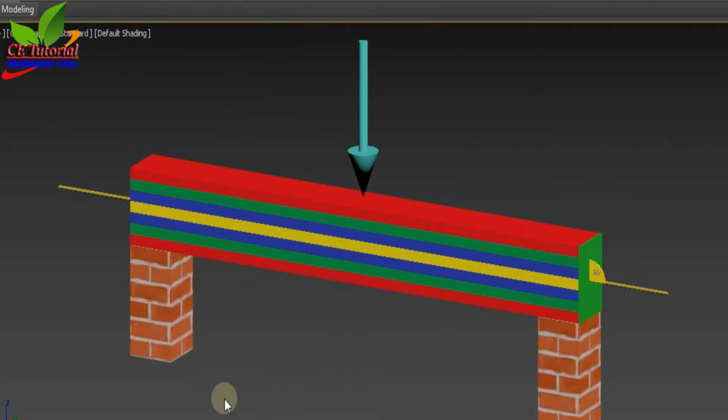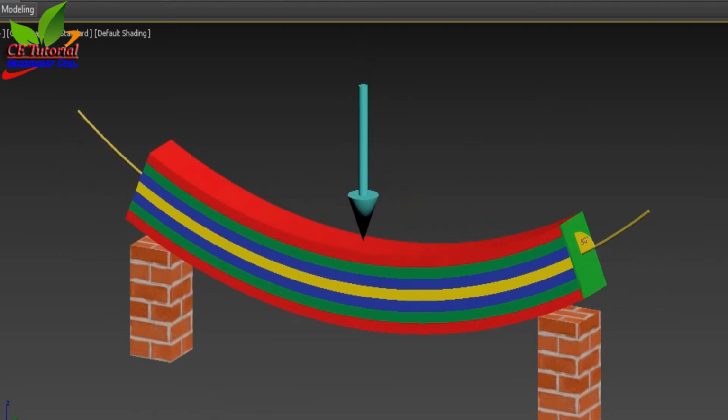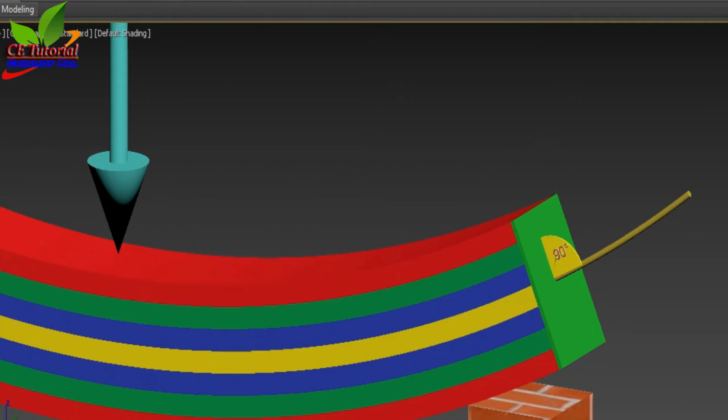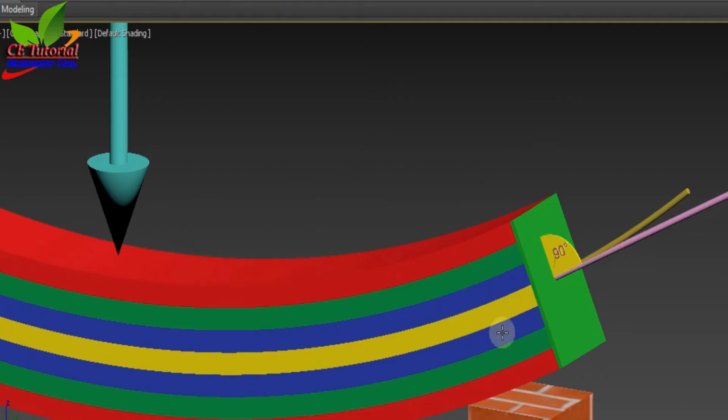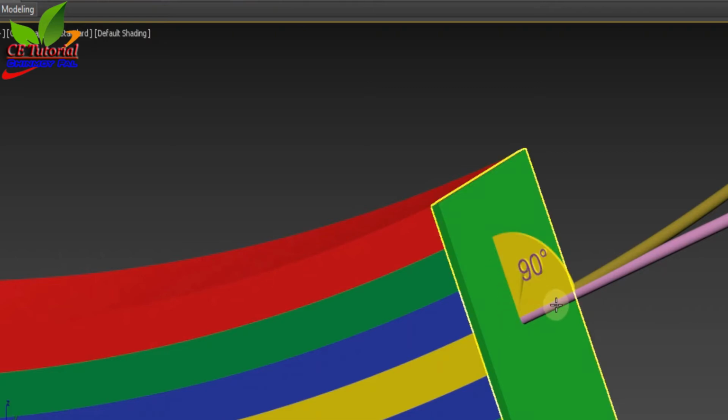When the load is applied in the transverse direction, the beam bends. Now if I draw a tangent over here, the cross section is maintaining its angle with the axis of the beam. That means after bending, the angle is perfectly 90 degrees.